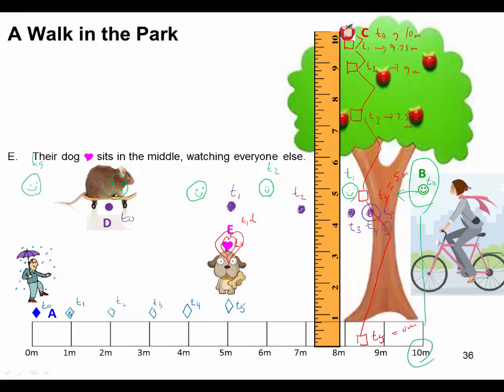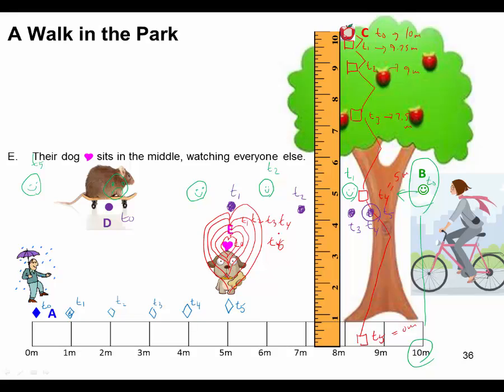So at time 2, he's also sitting there. Time 3, he's still sitting in the same spot, still chewing on that bone, watching people go by. So at time 3, he's still there. At time 4, he's still sitting there, enjoying himself. And at time 5, he's not going anywhere. He's just stayed there the whole time. So he's just loving it in the middle of the park.